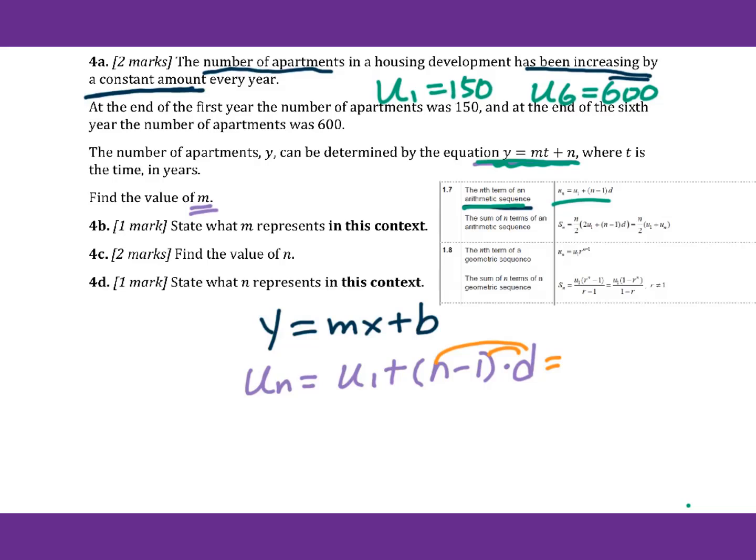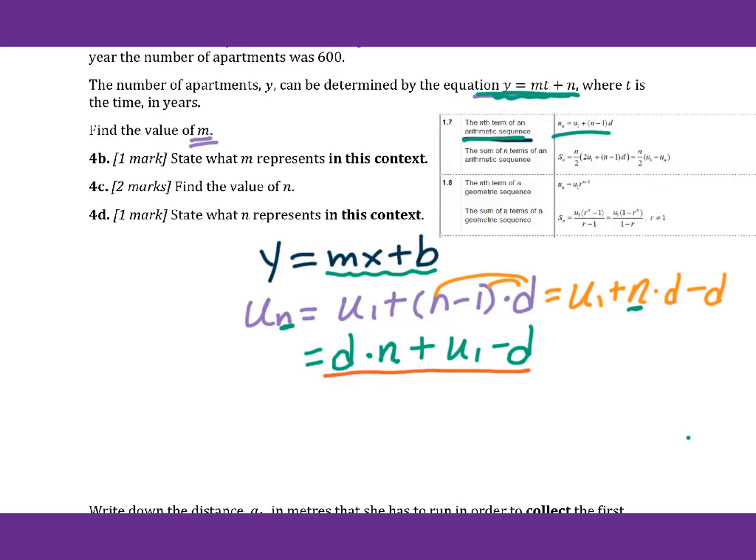You will get u sub 1 plus n times d minus d. Look at the variable. Here's n. This n is a variable. I want to write in this way. So you will get d times n, because n is a variable, plus u sub 1 minus d.